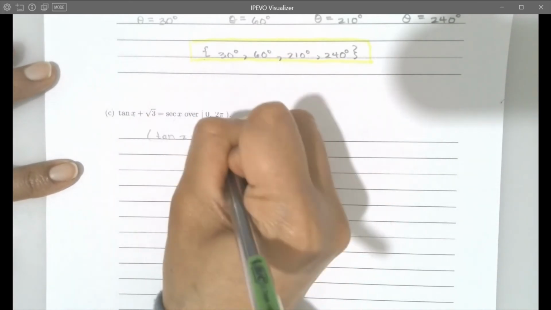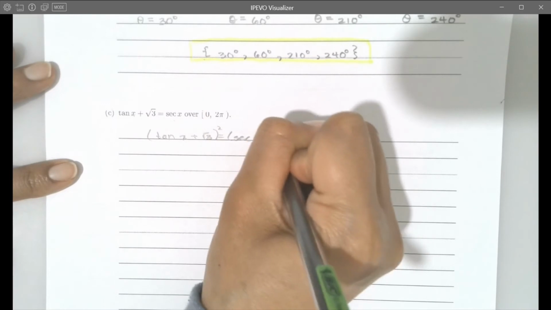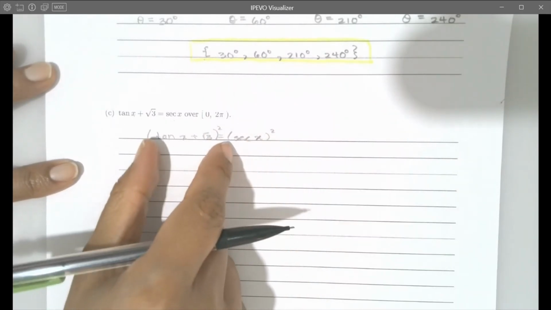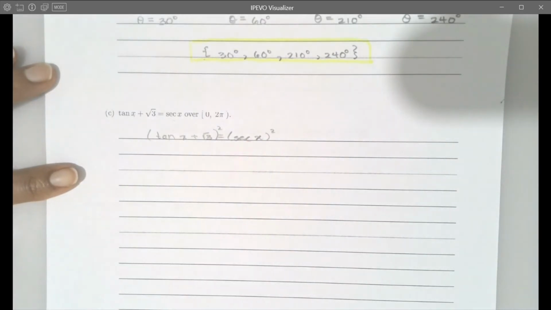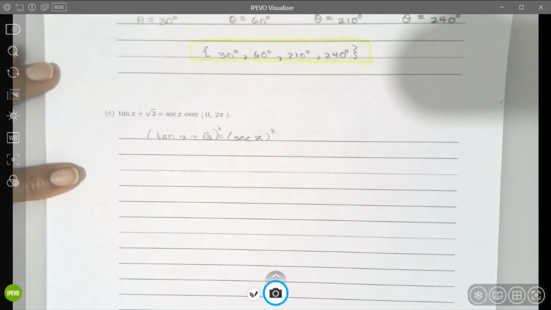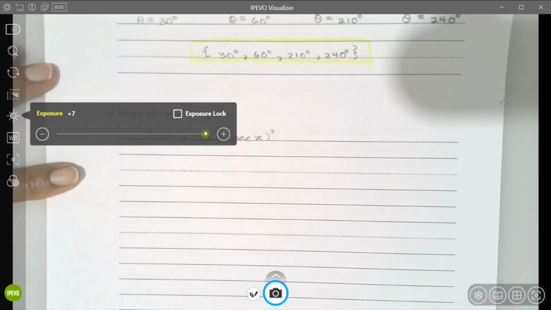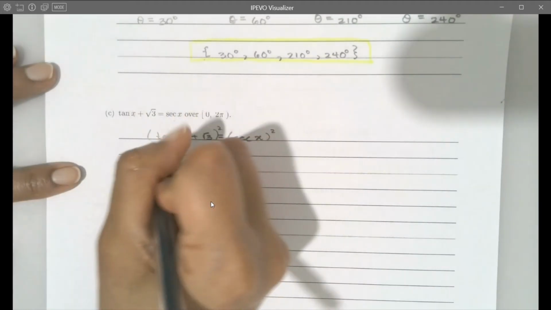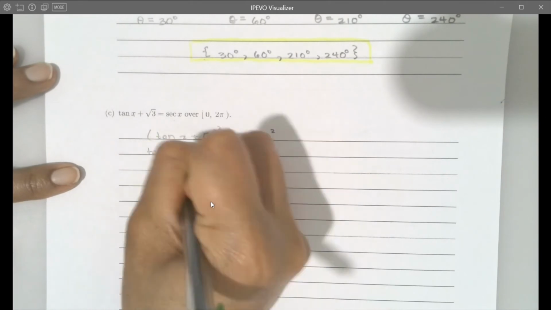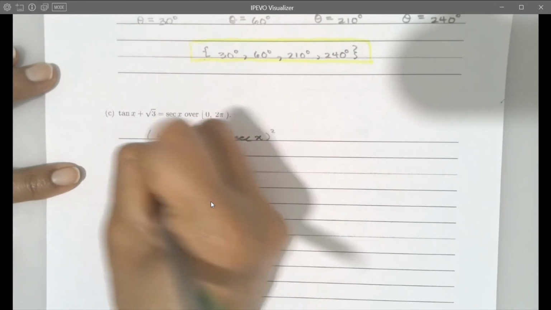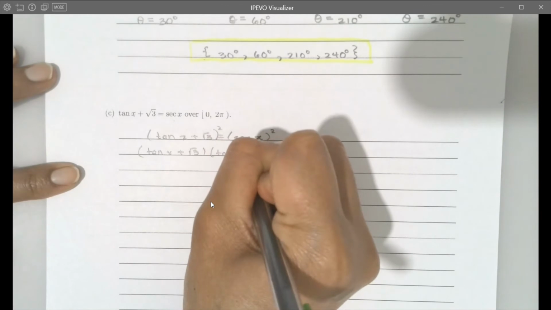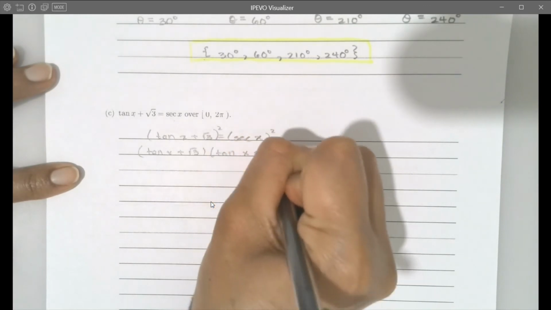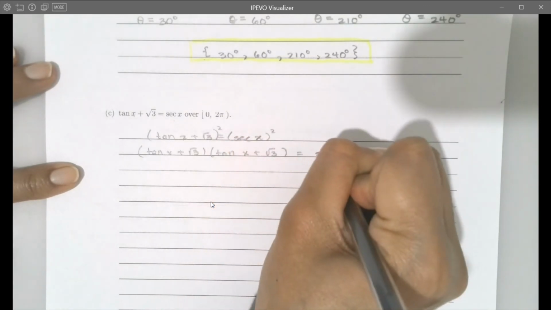Okay, so square the left-hand side and square the right-hand side. On the left-hand side, we're going to have to distribute. So we're going to write this as tan x plus radical 3 times tan x plus radical 3 is equal to secant squared x.